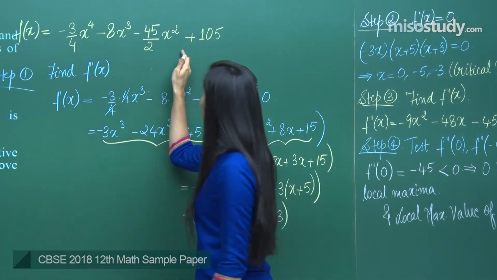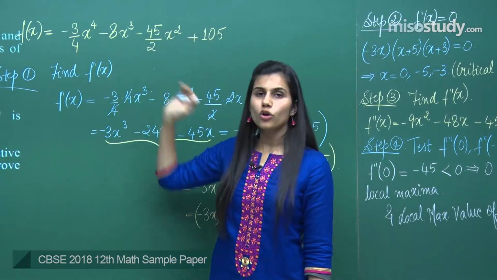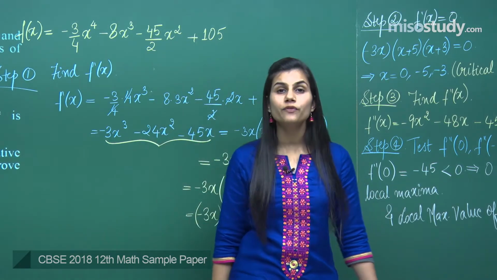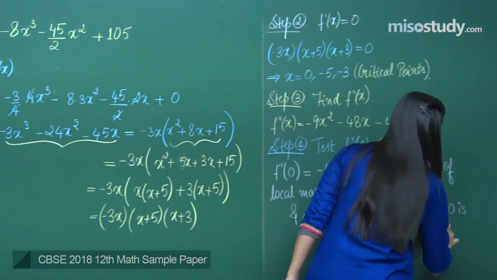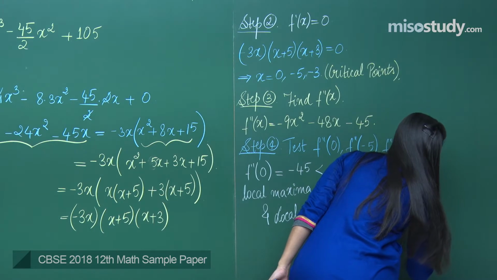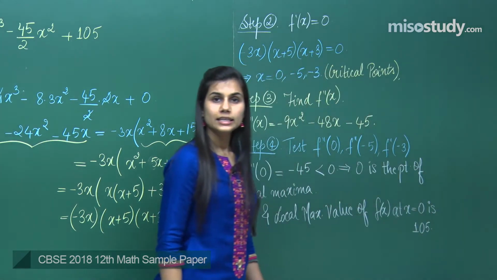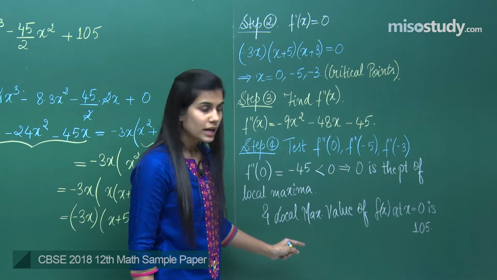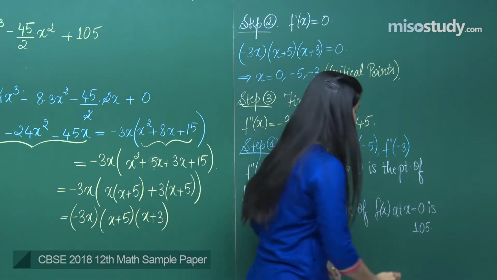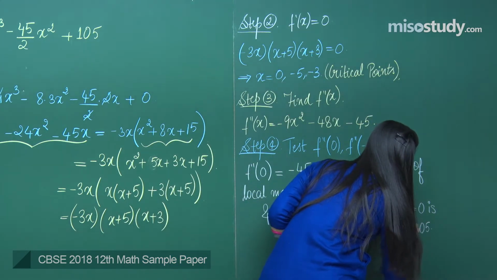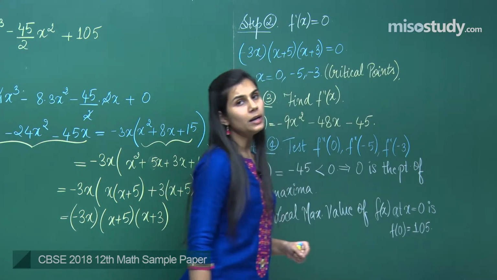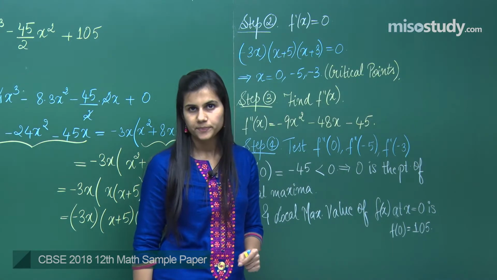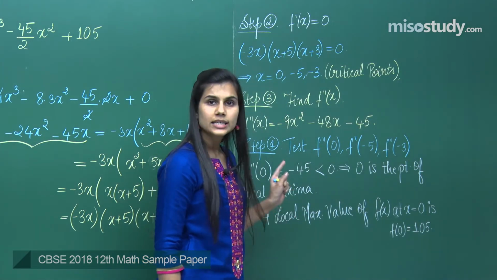So, at x equals 0, if you get 0, 0, 0 over here, you plug in, you get just a 105, which is your answer. So, f of 0, which is 105, this is the local maximum value of the function, fine, at x equals 0.